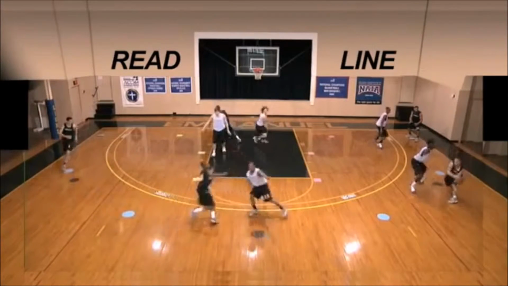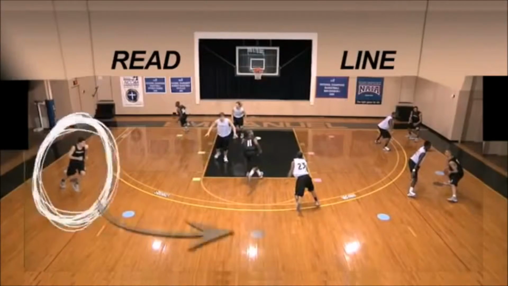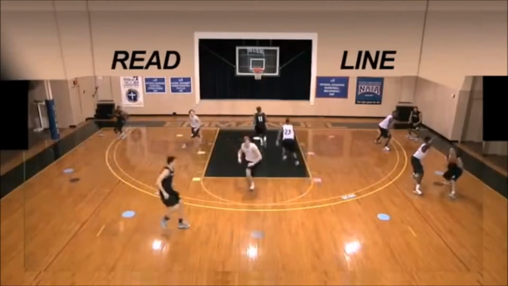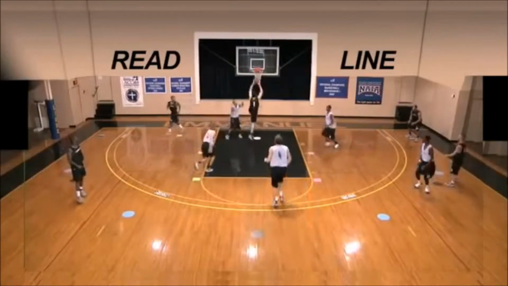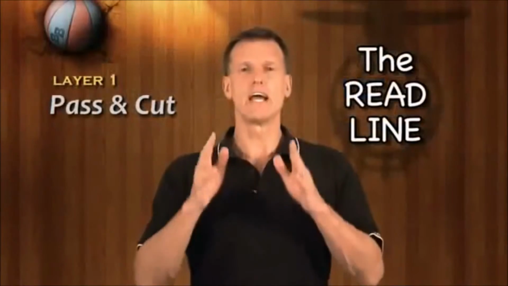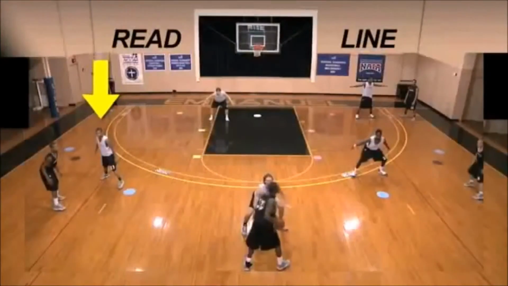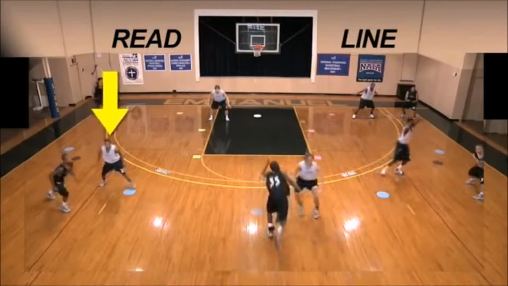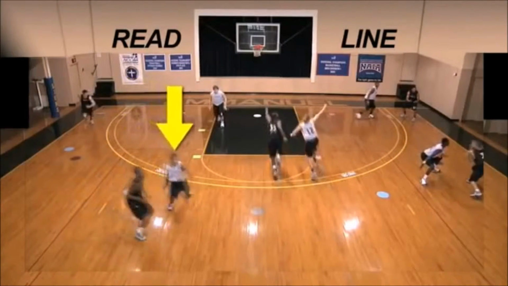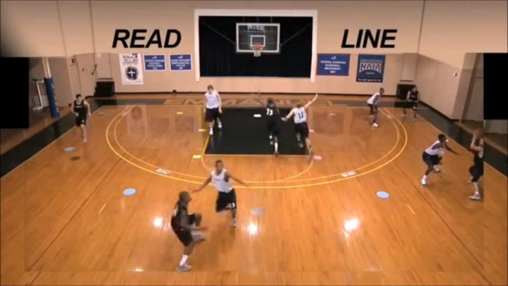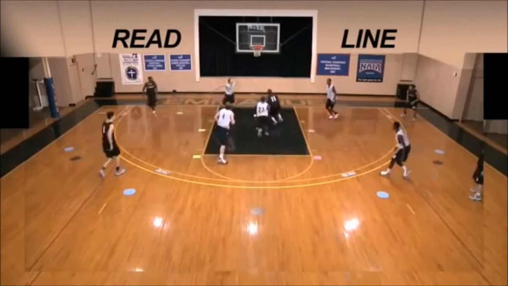There's a much better chance that a teammate moving toward the ball and shortening the distance is going to be open than someone who is standing still. And here's the third benefit. If the defense decides to deny this teammate who is filling the empty spot, we have a situation that's much tougher on the defense.